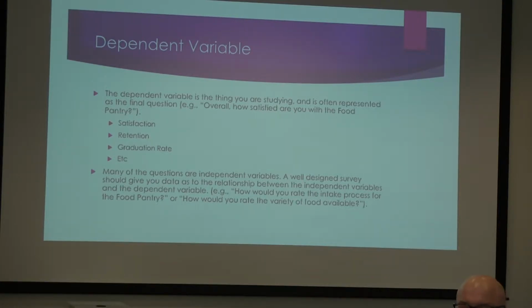Like what exactly is satisfaction? Satisfaction can be broken up into smaller things that are measurable, such as the intake process, or the amount of time between doing the intake process and getting connected with services. The variety of food can be measured, that kind of thing.